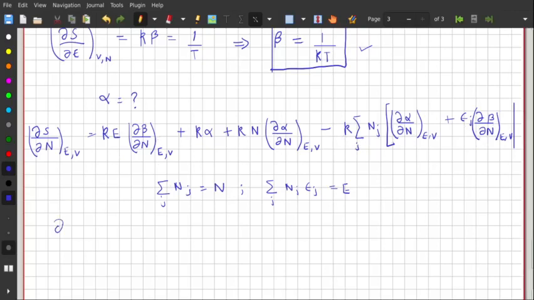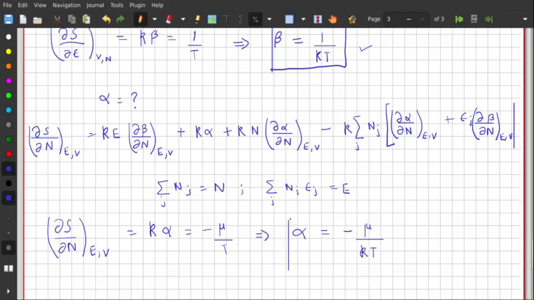What will be left is that partial S partial N at constant E comma V is given by k times alpha. From classical thermodynamics, we know that this is equal to minus mu over T. So from here we computed the second Lagrange multiplier, which is alpha equals minus mu by kT.